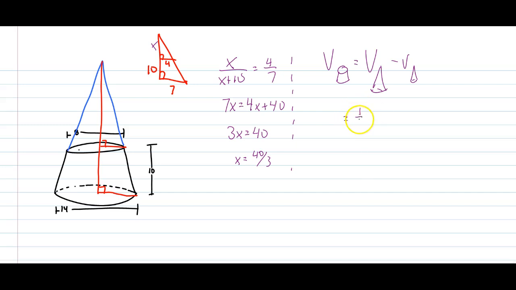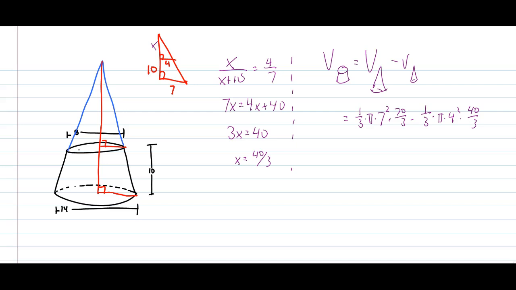For the big cone, we have 1/3 times pi times the radius of 7 squared times the height. The height is going to be 10 plus x. So if we take 10 plus 40 over 3, get a common denominator, that's going to be 70/3. Minus, now for the little one, 1/3 times pi times the radius of 4 squared times the height, which is 40/3.